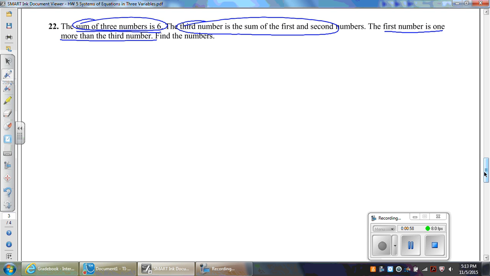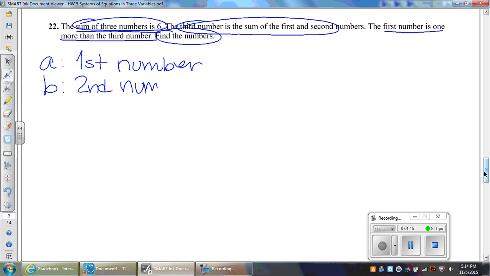So my system of equations in this case will be, well, first I'm going to define my variables. And I'm going to say A is equal to the first number. B is equal to the second number. And C is equal to the third number.